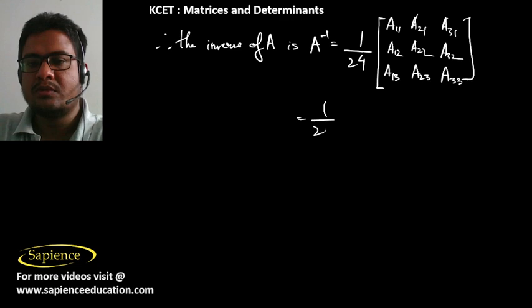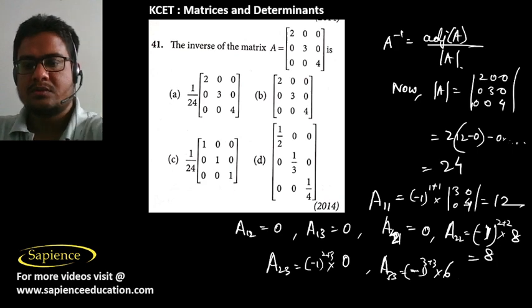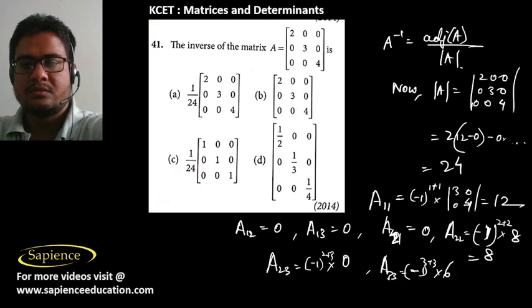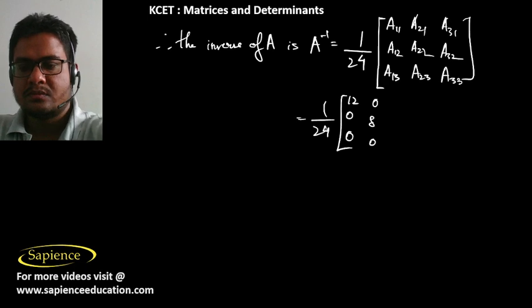That will be equal to 1 by 24 into 12, 0, 0, and 0, 8, 0.